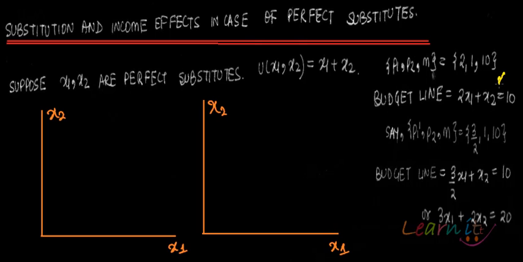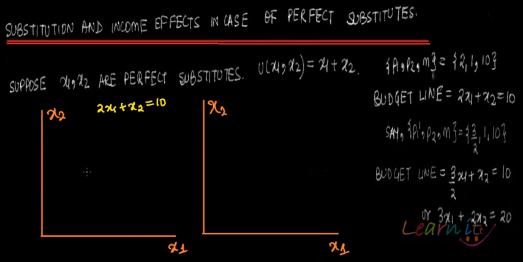This would be your budget line, given these are the prices and this is your income. So when your budget line is 2x1 plus x2 equals 10, if x1 is 0, x2 is 10. When x2 is 0, x1 is 5.